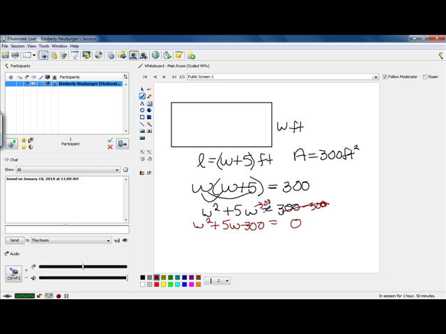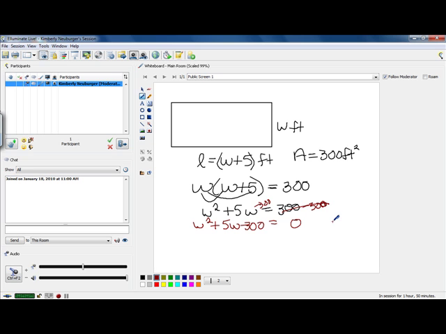Now we need to factor, so we need to take a look at the factors of negative 300 that'll add up to positive 5. Now you might be looking at 300 saying, wow, that's huge, and I have no idea what's going to add up to 5.